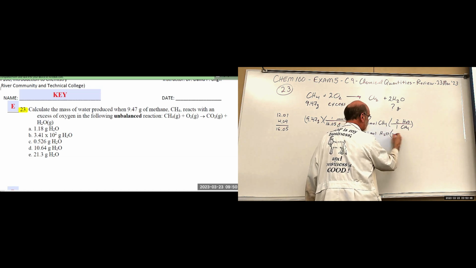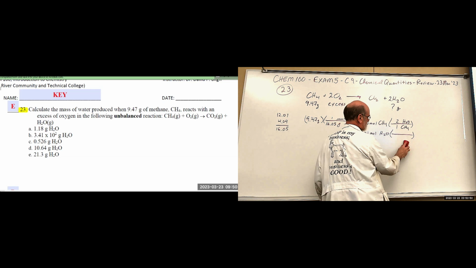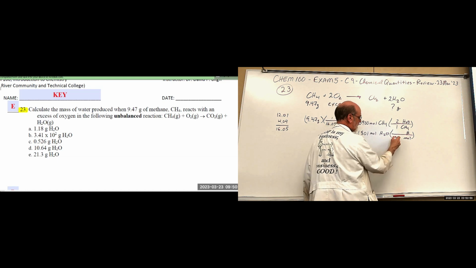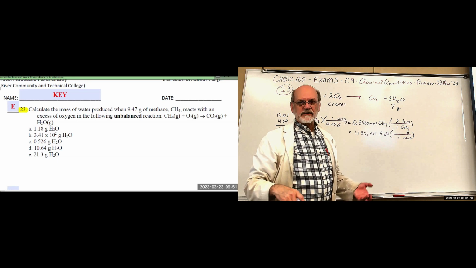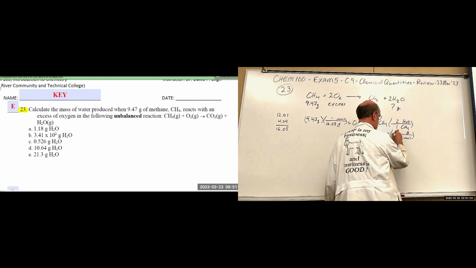Now we got to convert that to grams. Grams goes on top. Moles on the bottom, because we want to cancel these moles. So what's the molar mass of water? We've done that so many times, we ought to have it memorized. 18.02.